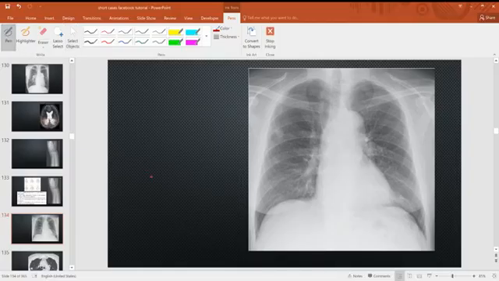What you see, write your answer. What is your finding on this chest X-ray?